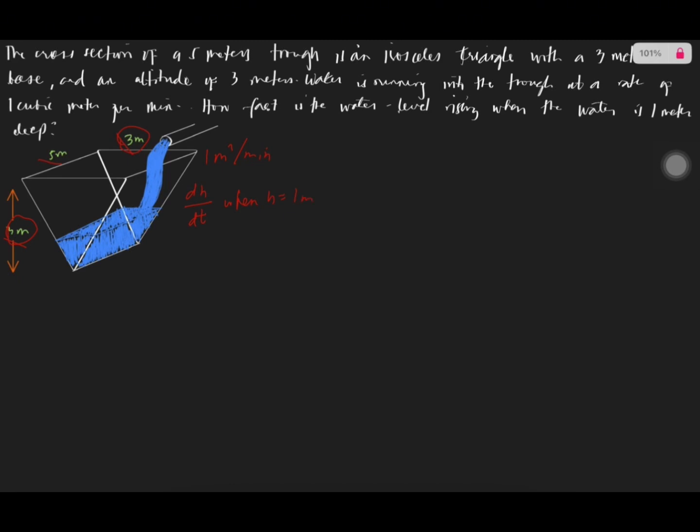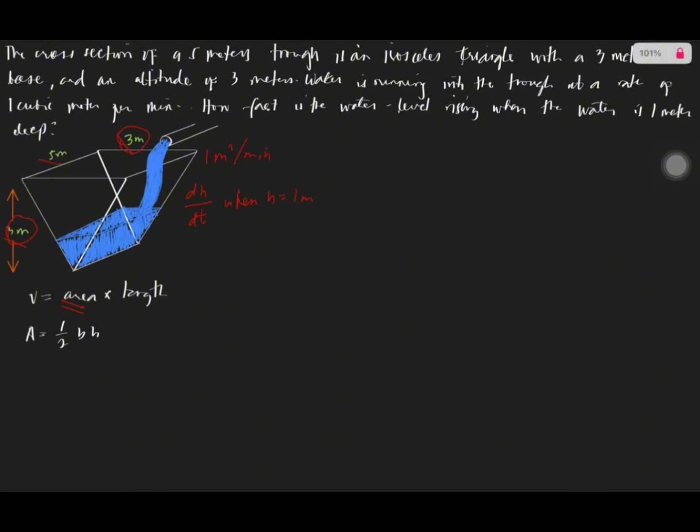So first, let's find our volume, which is equal to the area of this cross section times the length, which is 5. Before we can find our volume, we need to find the area. The area of a triangle is 1/2 times base times height.